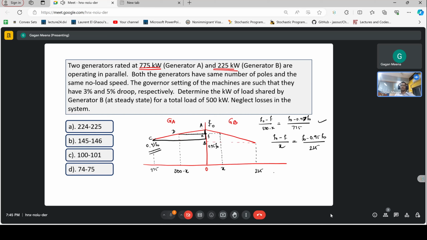So divide both the equations. What will you get? X divided by 500 minus X is equal to 0.03 F naught divided by 775 multiplied by 225 divided by 0.05 F naught. X divided by 500 minus X is equal to 225 into 3 divided by 775 into 5.